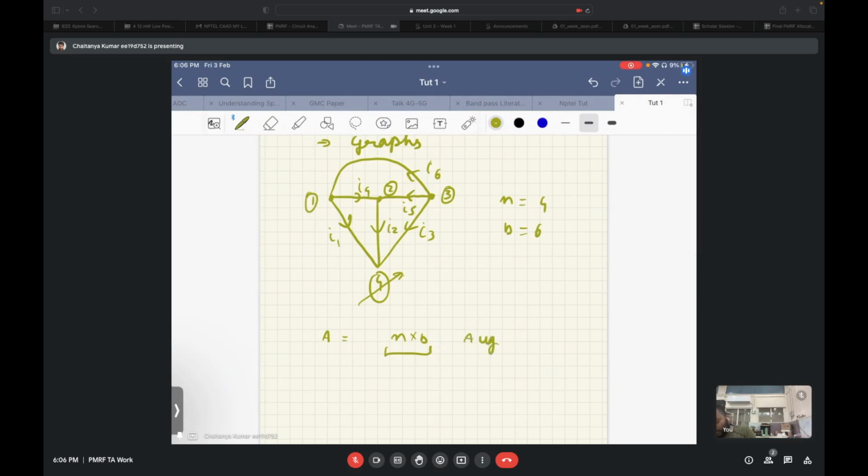I'm calling this augmented incidence matrix A_ug.